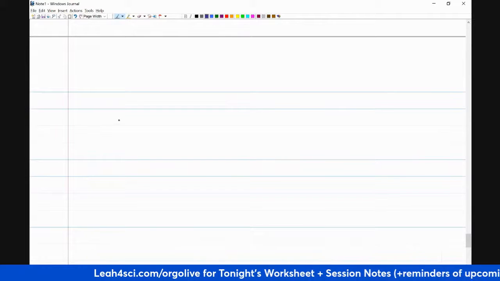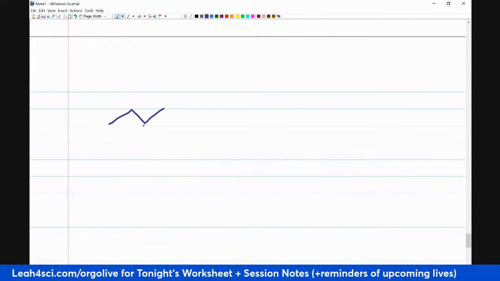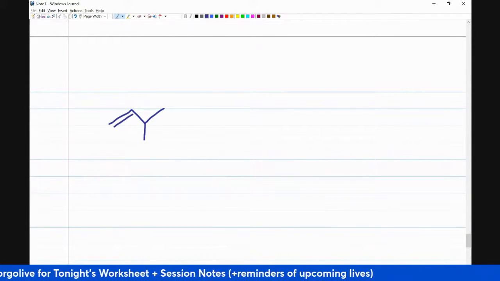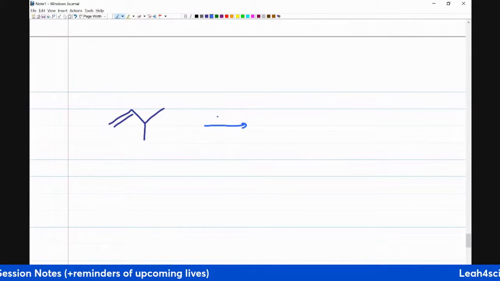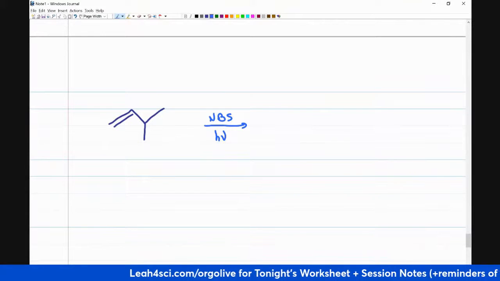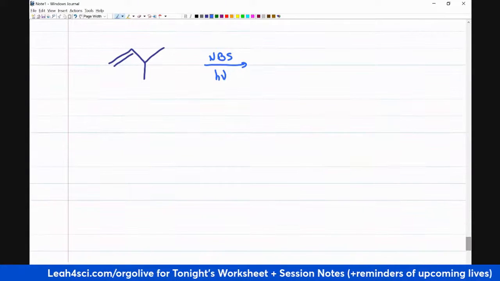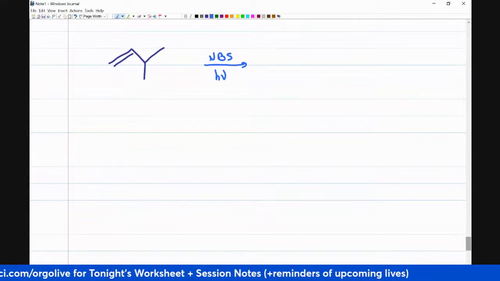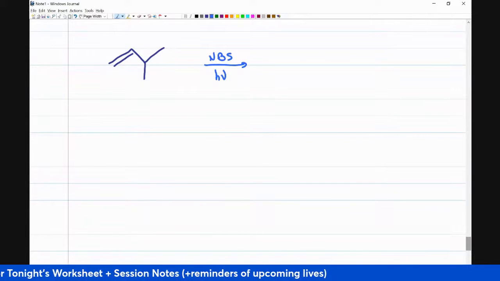If I have an alkene that looks like this, and I react it with NBS, with a little bit of heat, some radiation to get the reaction to form, here is what is going to happen.